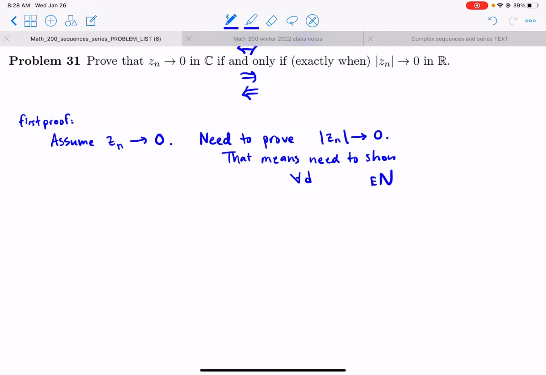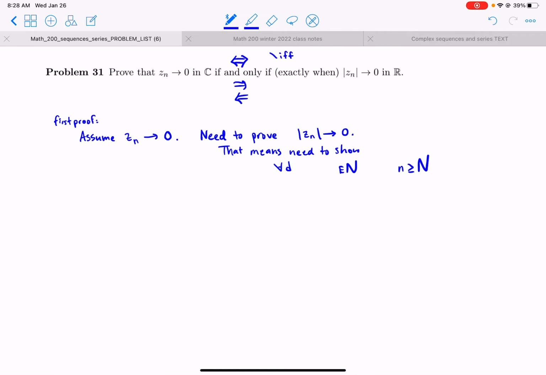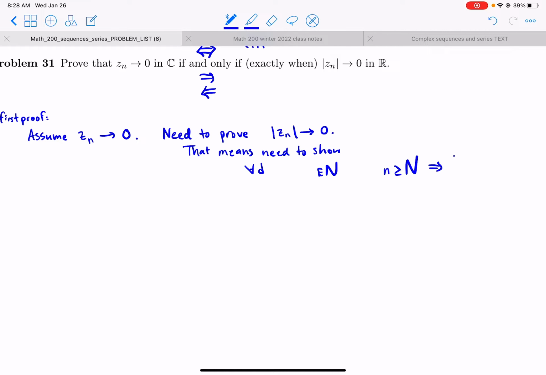That means that we need to show, how do we show this? How do we prove this statement? Well, we need to show that for all d, there exists a capital N such that past that capital N implies a certain distance is less than d. What distance? Well, I look over here and I write exactly this thing minus this thing.